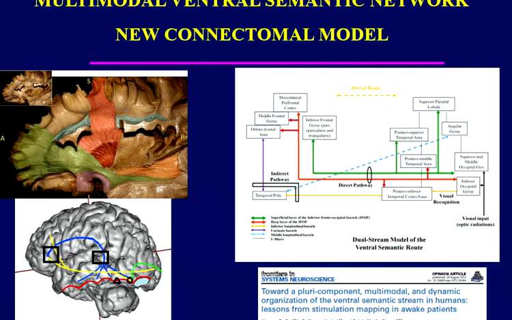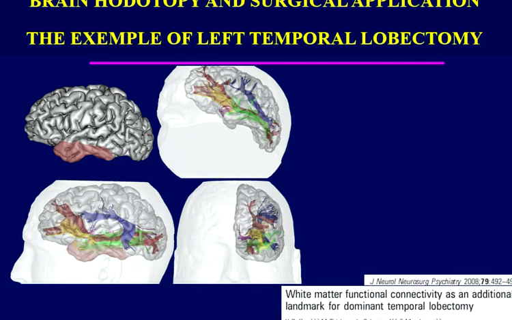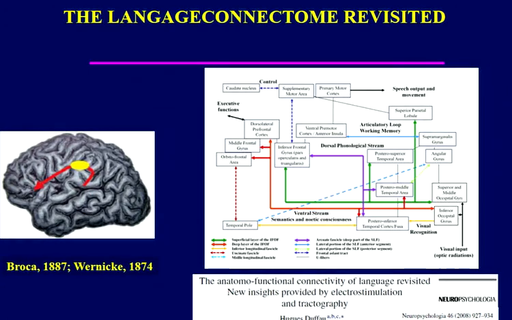Explaining why you can do a very extensive temporal lobectomy in the so-called left dominant hemisphere for brain tumor or in epilepsy, and the patient will be perfect following surgery because, in fact, we preserve the connectivity and we have a bypass, explaining how neuroplasticity can help us treat patients with brain damage.